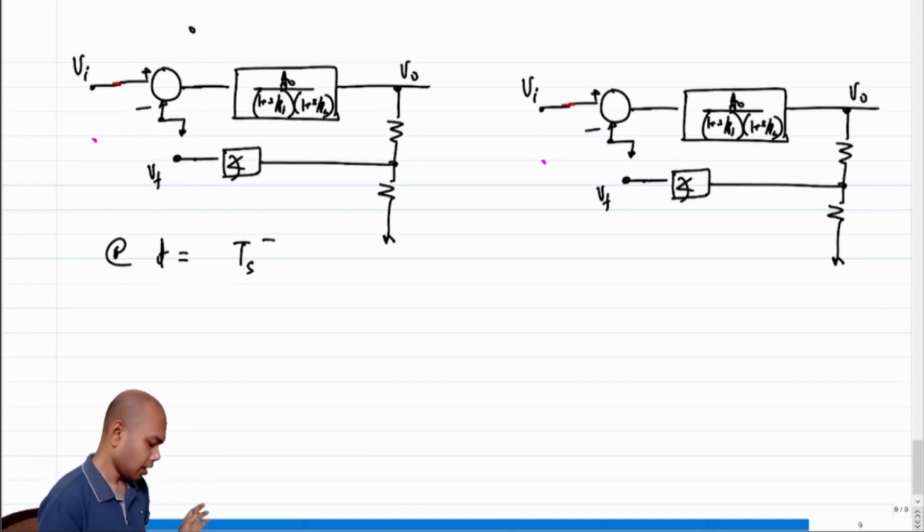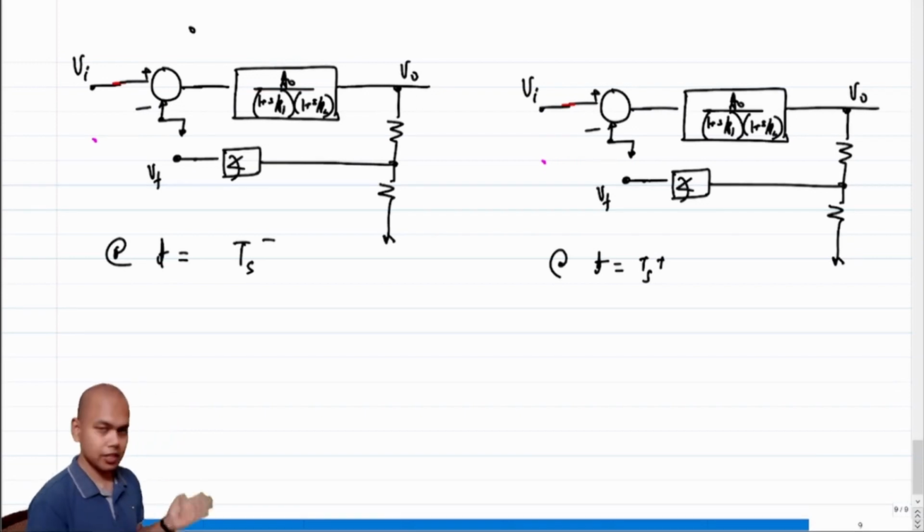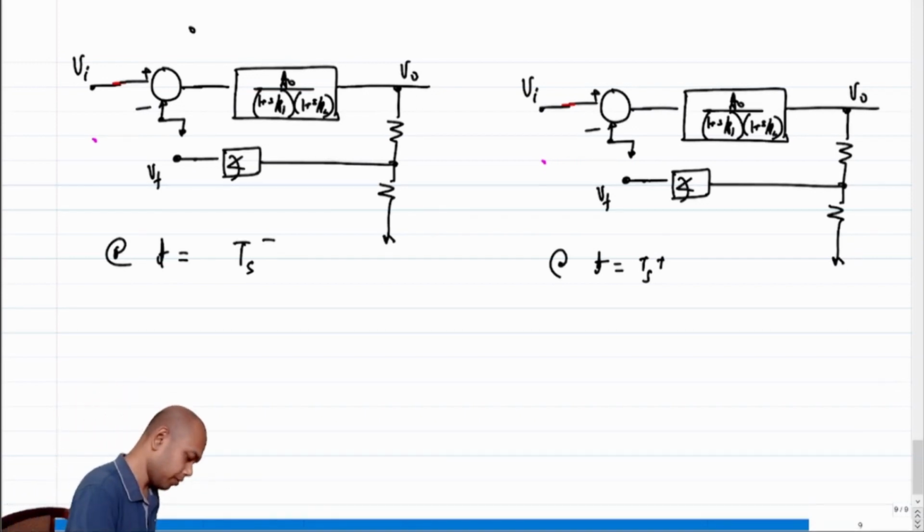Okay, and let's say at t equal to ts plus, that is just after ts, what do we do? We ground the input and connect the feedback path here.